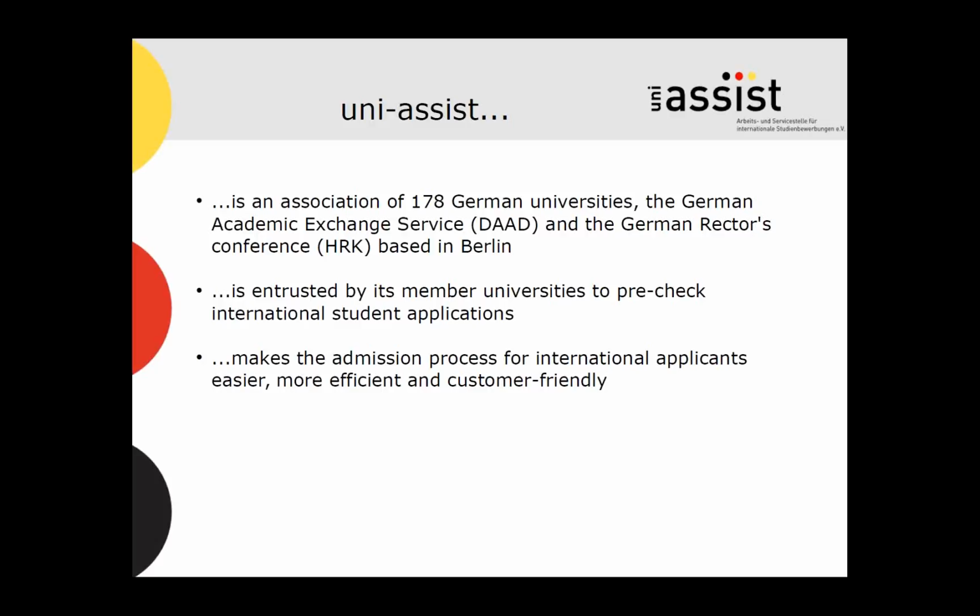We are based in Berlin. Uni-assist is entrusted by its member universities to pre-check international student applications. Our service makes the admission process for international applicants easier, more efficient, and customer-friendly.